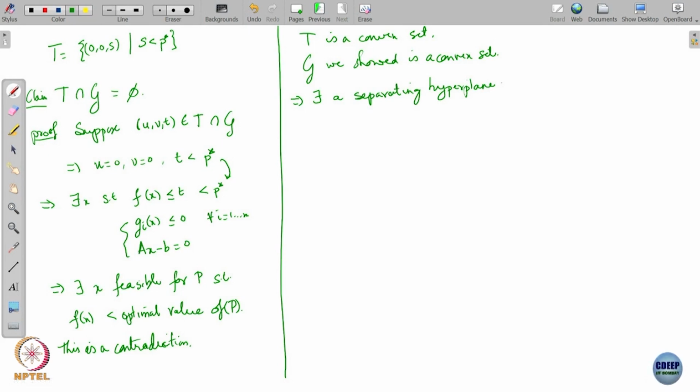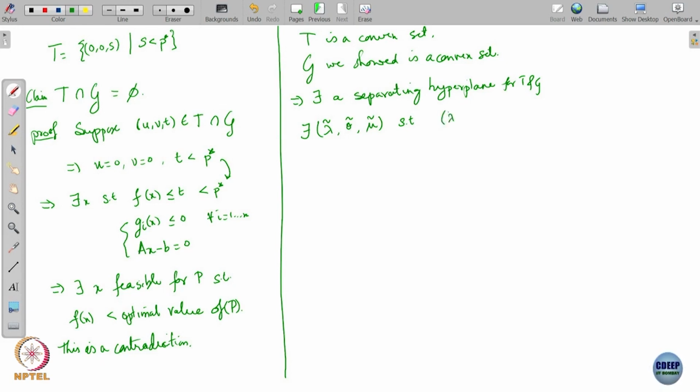So what does this mean? There exists a hyperplane separating T and G. So that means there exists, let us call this, I am going to use this notation, lambda tilde, theta tilde, and let us call this mu tilde, such that this hyperplane, remember from the separating hyperplane theorem, has a non-zero slope.